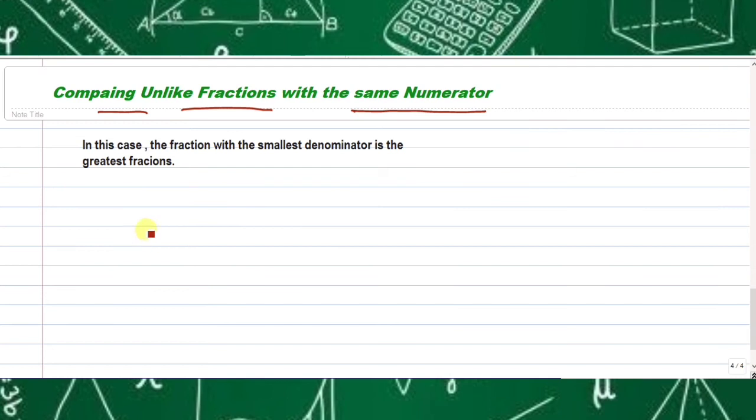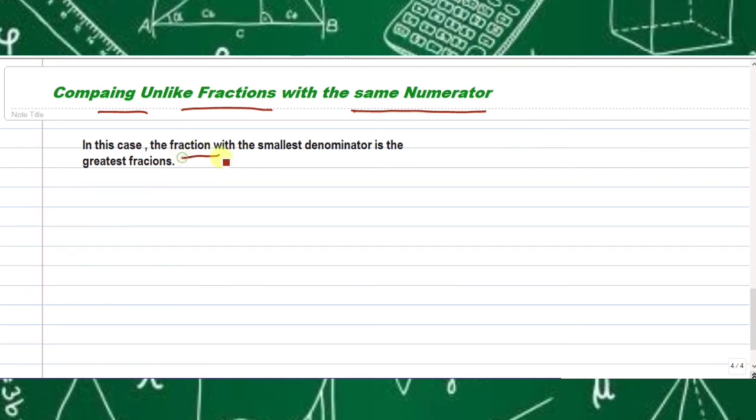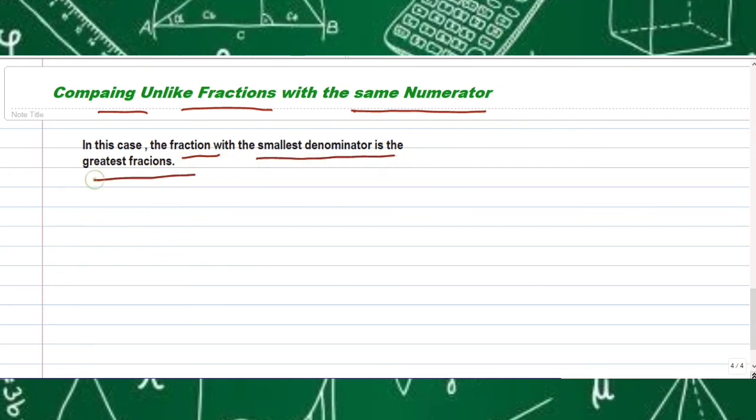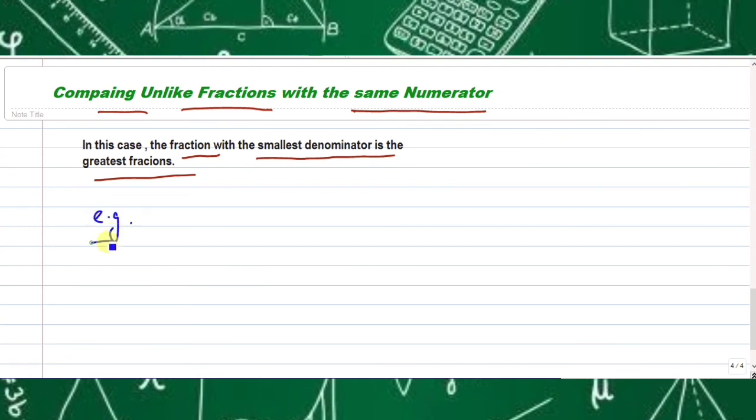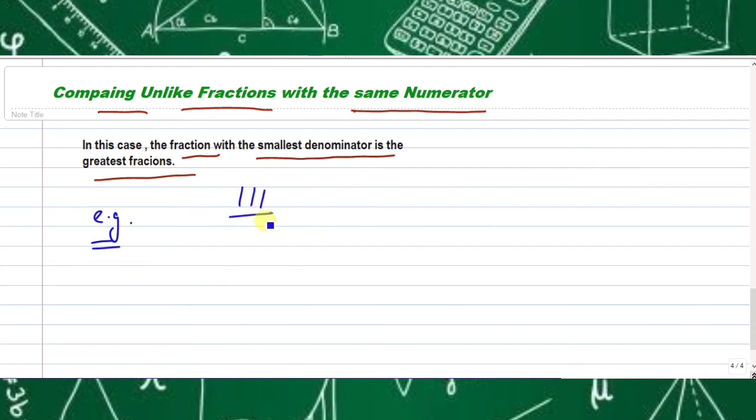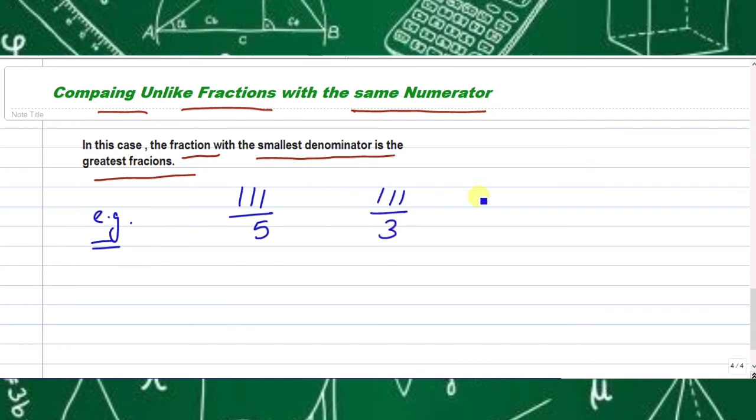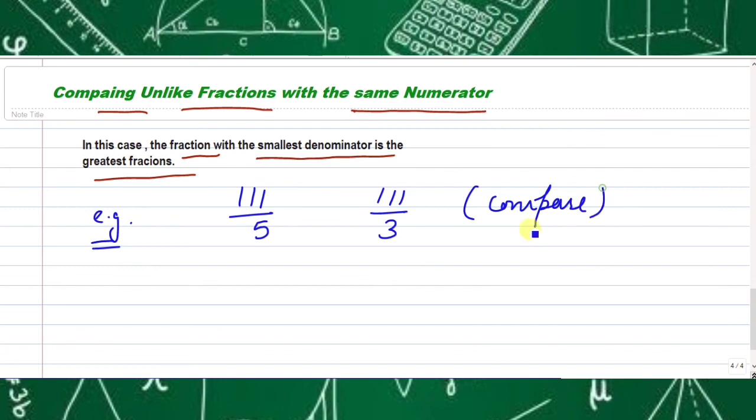If you have fractions with the same numerator, then what will you do? The fraction with the smallest denominator is the greatest fraction. For an example, suppose I have the fractions 111 divided by 5 and 111 divided by 3. The question says compare the fractions.